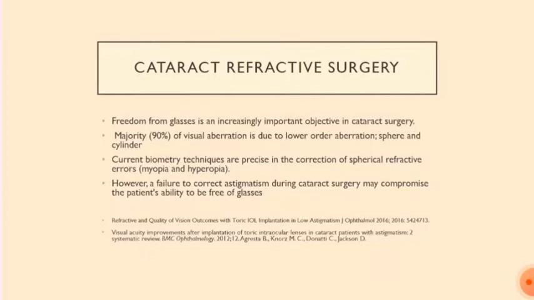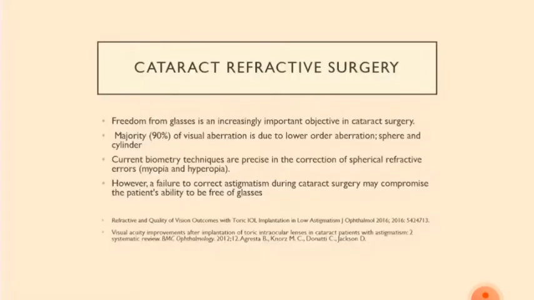In this day and age, freedom from glasses is something that patients are increasingly demanding. Now, the majority of the visual problems are because of what we call lower order aberration, which is spherical and cylindrical.